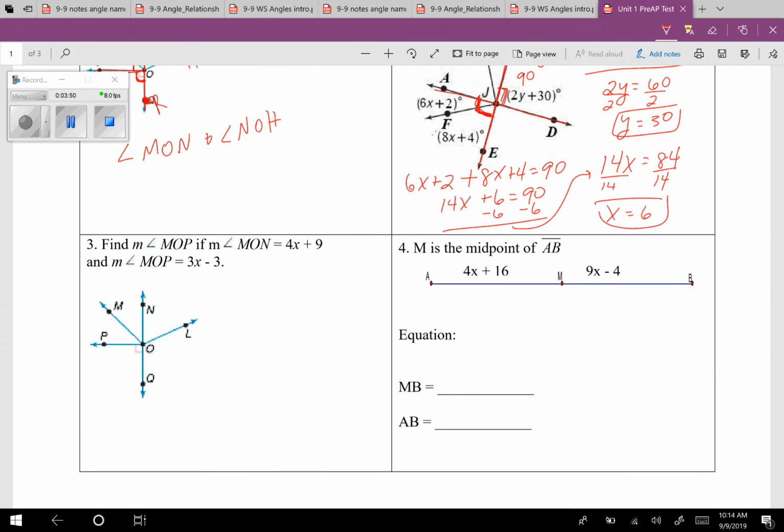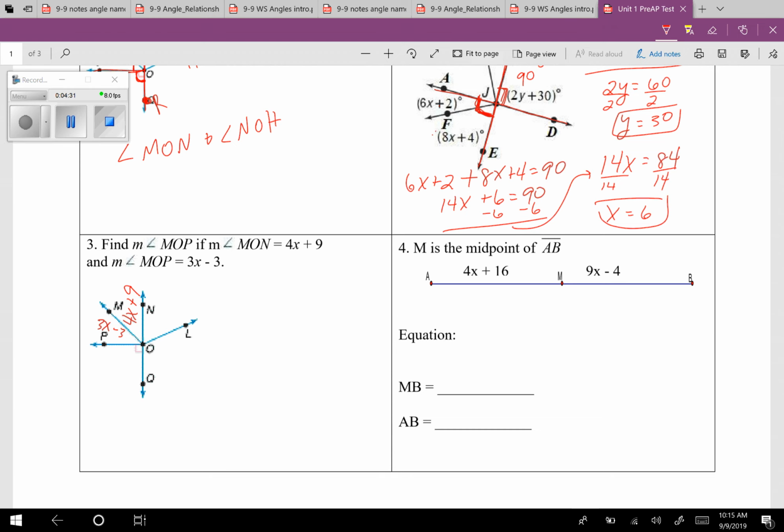Okay, next one. It says we need to find the measure of angle MOP. So we're finding that angle. If MON is 4x plus 9, so let me turn here. So 4x plus 9, and that MOP is 3x minus 3. Now, they don't tell us if this ray OM is bisecting here, so we don't know if 3x minus 3 and this 4x plus 9 are equal.